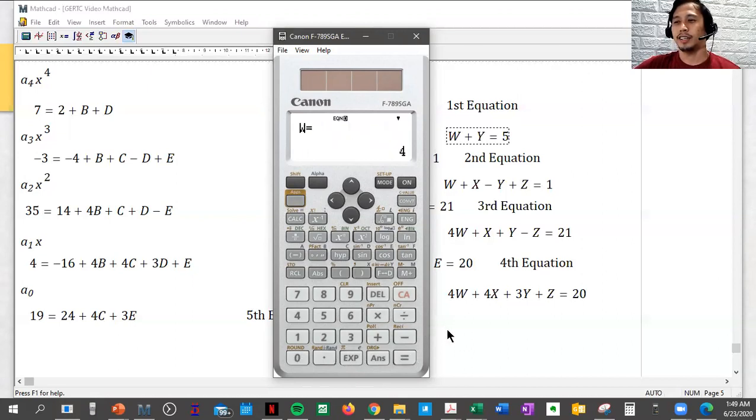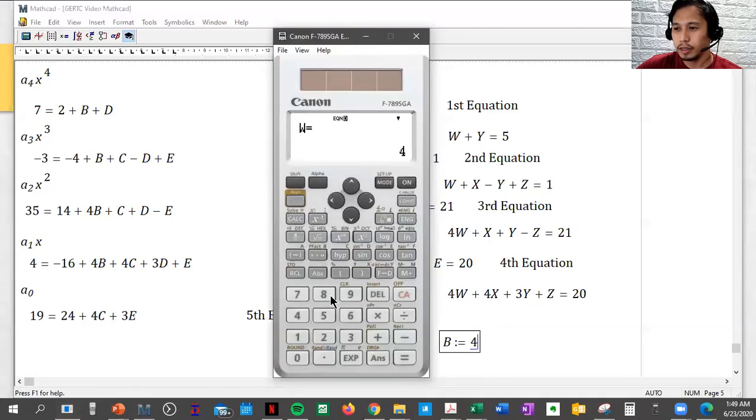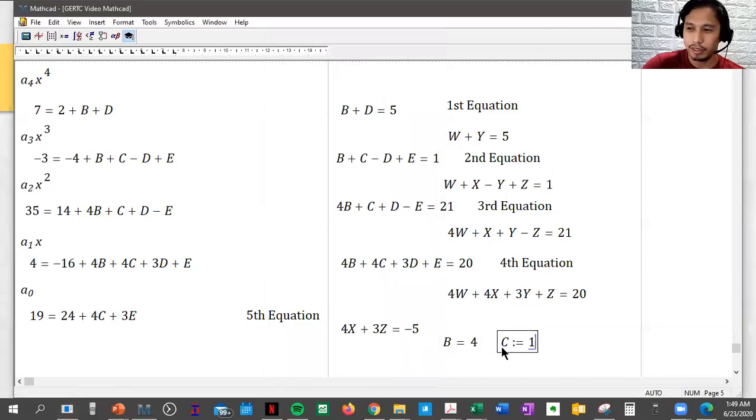W is 4. In this system, W is 4. Ibig sabihin yan, B is 4. No? B is 4. Since W is 4, then B is 4. 4 lagi. Next. X is 1. So this is C. That corresponds to C. C is 1. Right?